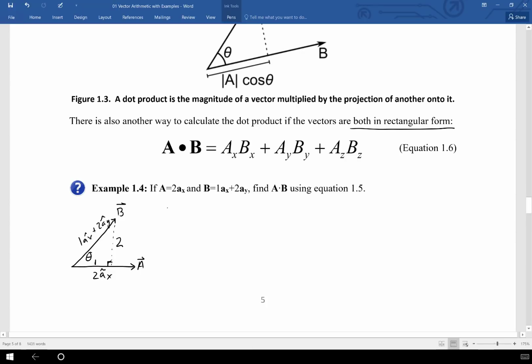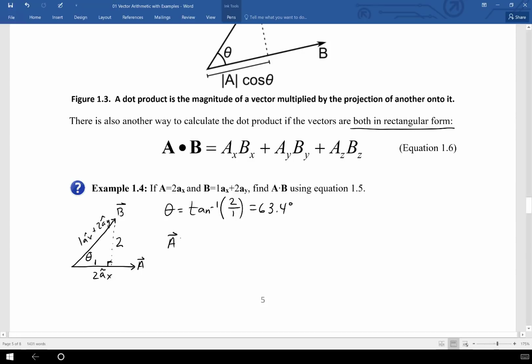And so therefore I can say that theta is the arctangent of the opposite divided by the adjacent. And the opposite is 2, the adjacent is 1. And so this becomes the arctangent of 2, which is 63.4 degrees. We could, of course, list that in radians. I'll tend to use degrees unless we have a good reason to use radians instead.